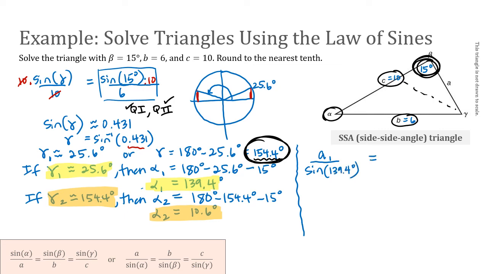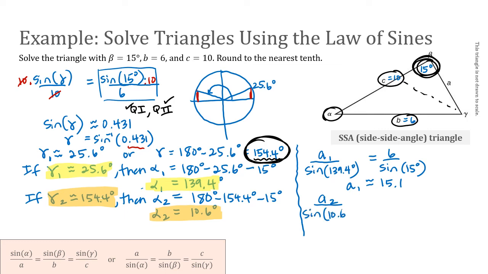Still going to set it equal to my anchor, so 6 over the sine of 15 degrees. And I'll leave the solving to you. I got that side A sub 1 was approximately 15.1.